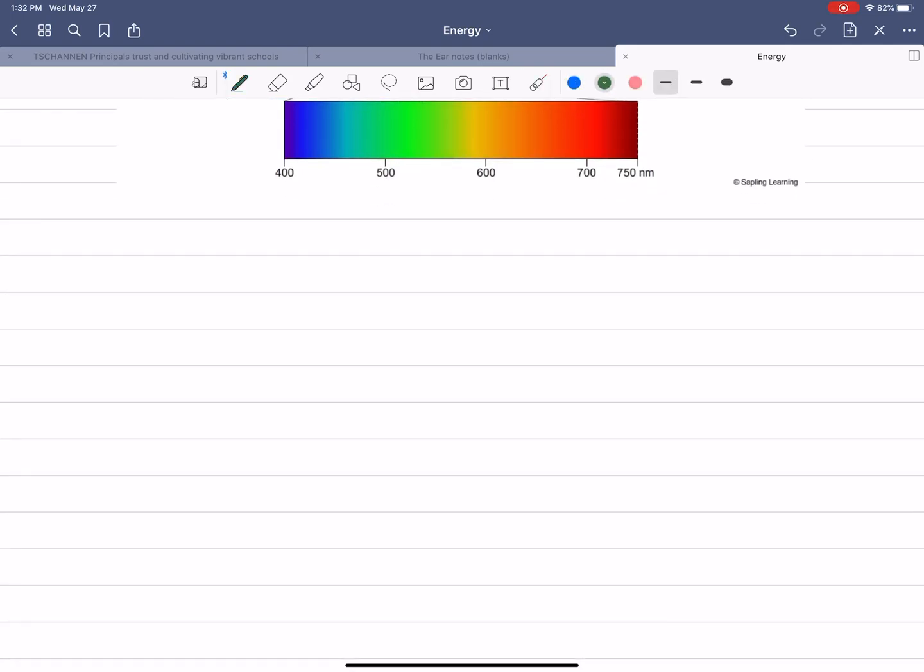And then we have thermal. Thermal energy is energy that is generated by the movement of atoms.